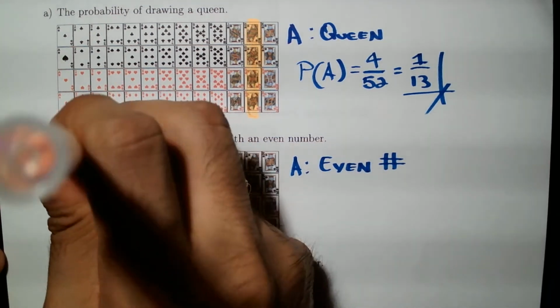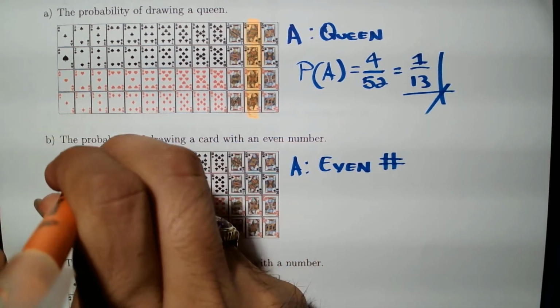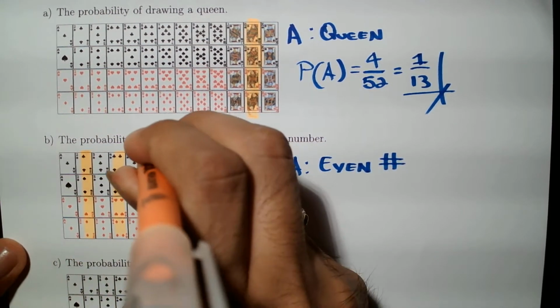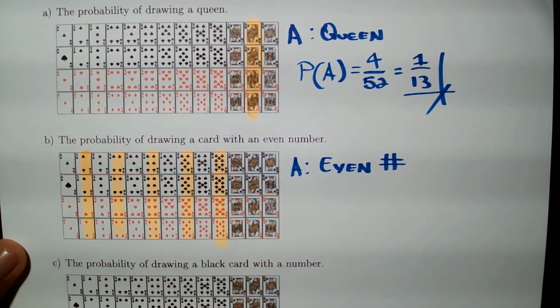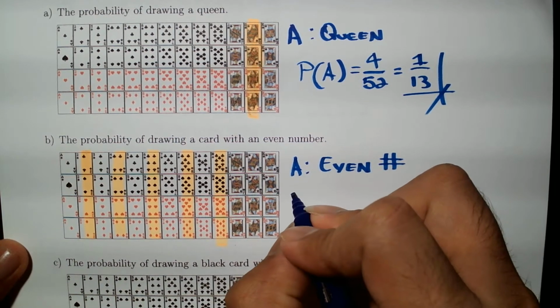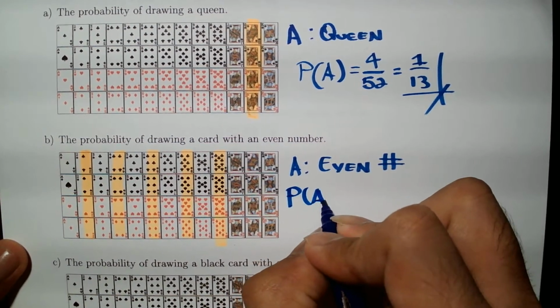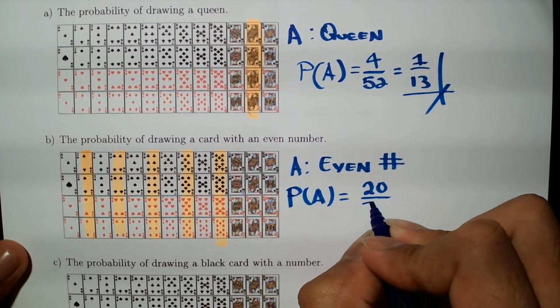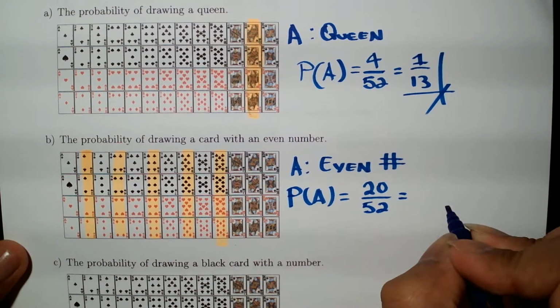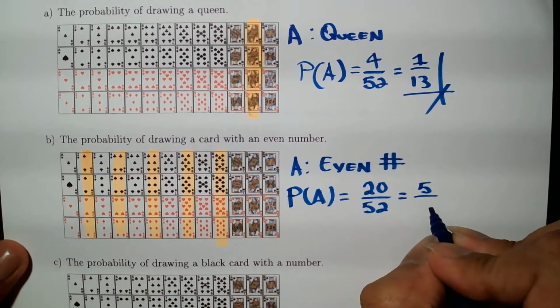So in this case, the 2s, the 4s, 6, 8, and 10. If we count all these successes, we are going to have that the probability that A occurs is 20 out of 52, which reduces to 5 out of 13.